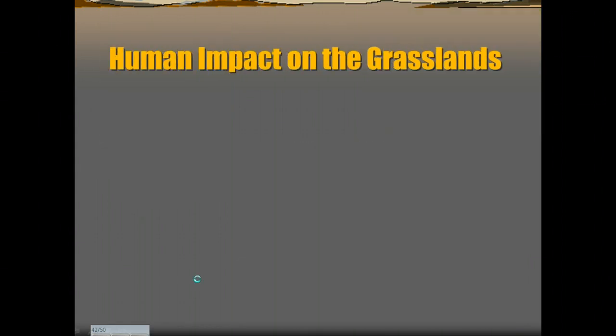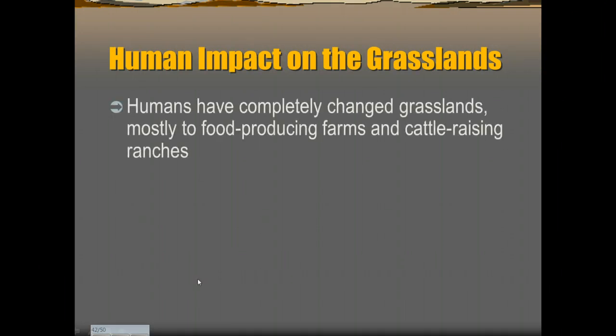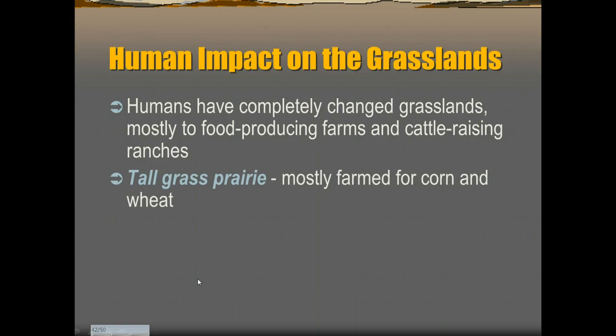Okay. This last section, last few slides, go into the human impact, and I do want you to pay some attention to this. For your projects, you need to consider what is the human impact on the biome that you are studying. So this slideshow does a nice presentation on that and talks about how humans have changed the grasslands. So now they're basically food producing areas, cattle raising ranches.